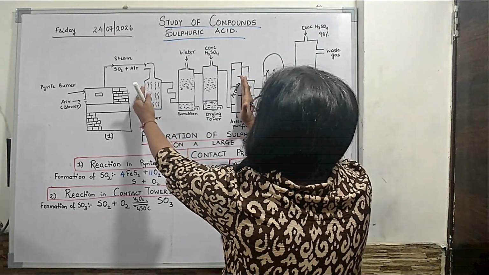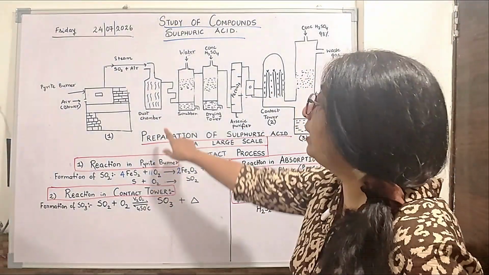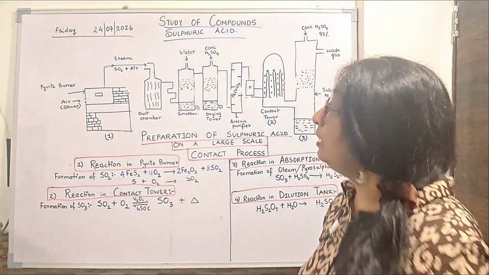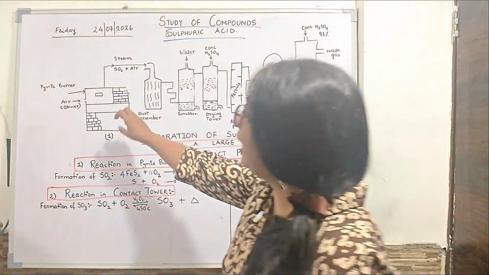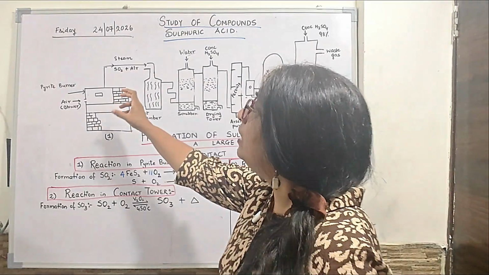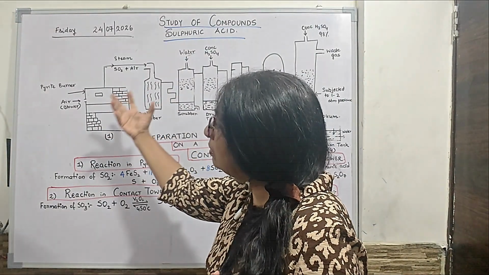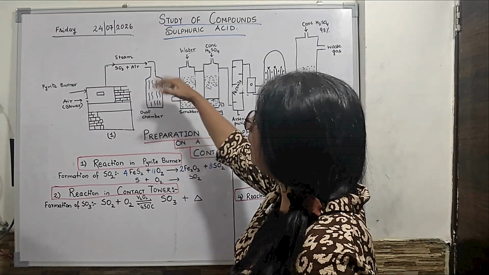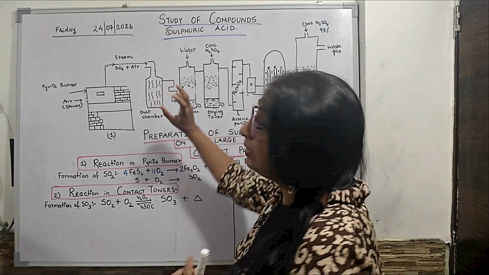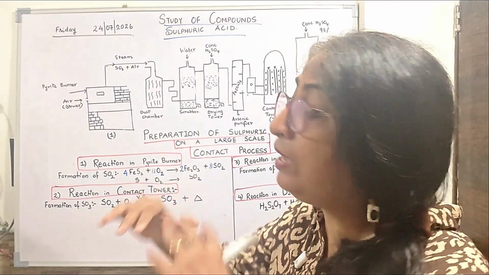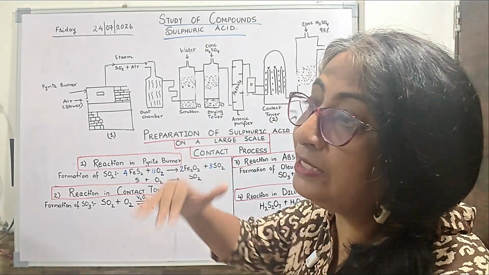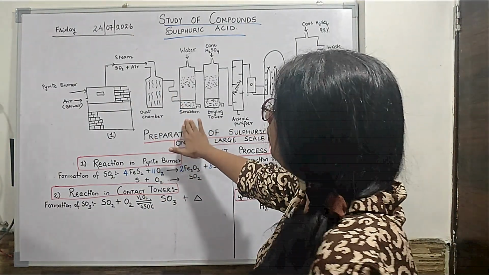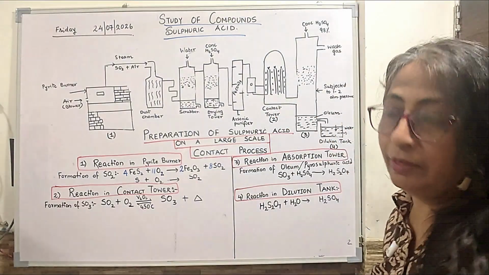Till here, we have purification units, where the first that you see is the dusting chamber, where the dust from the air, the pyrites dust, and a few other gases that we do not need are removed. This is an electronic chamber. So the dust will settle down and the gas will flow into another purification unit called a scrubber.